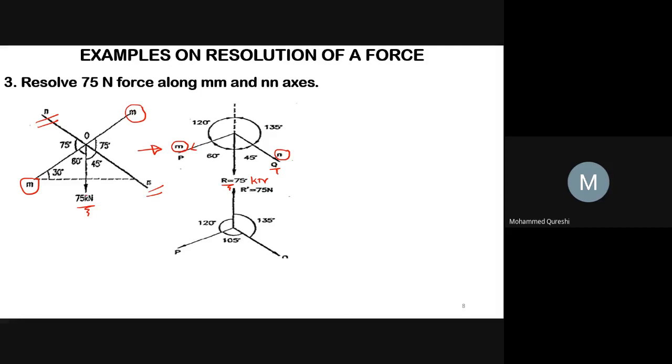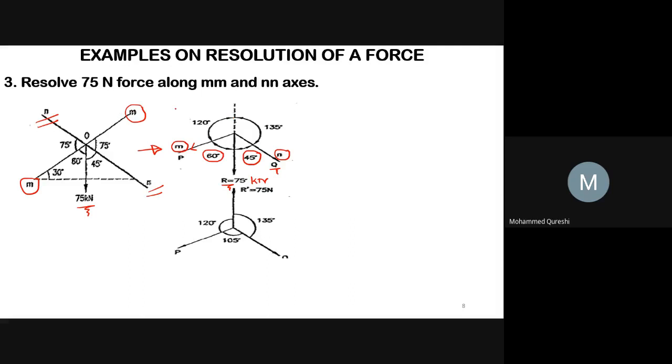So the angle between the 75 kilonewton and this axis, meaning the P force, is given as 60 degree. And the angle between the 75 kilonewton force and the N axis, meaning the Q force, is 45 degree. Now, from this point till this point we have an angle of 180 degree.